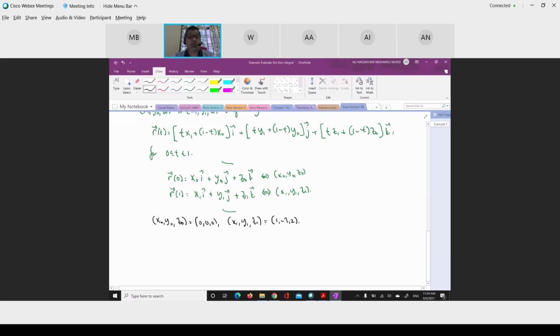Then x naught, y naught, z naught are 0, so we have r(t) = t i plus minus 3t j plus 2t k. Substitute into this formula for r(t), and t is between 0 and 1.